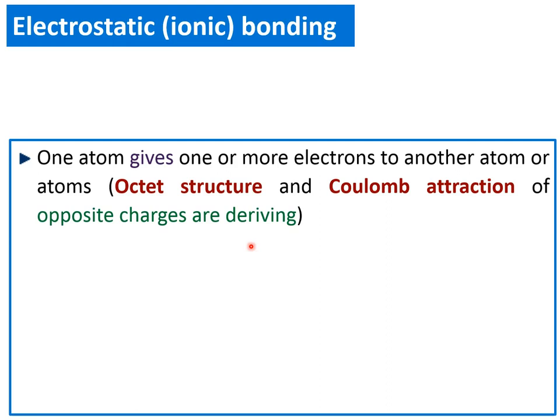So this is the driving force for the ionic bonding. After attaining the octet rule in the ionic bond, we have a complete donation of the electron. One atom donates the electron, and the other one accepts it. The donating one will have a positive charge, and the accepting one will have a negative charge.